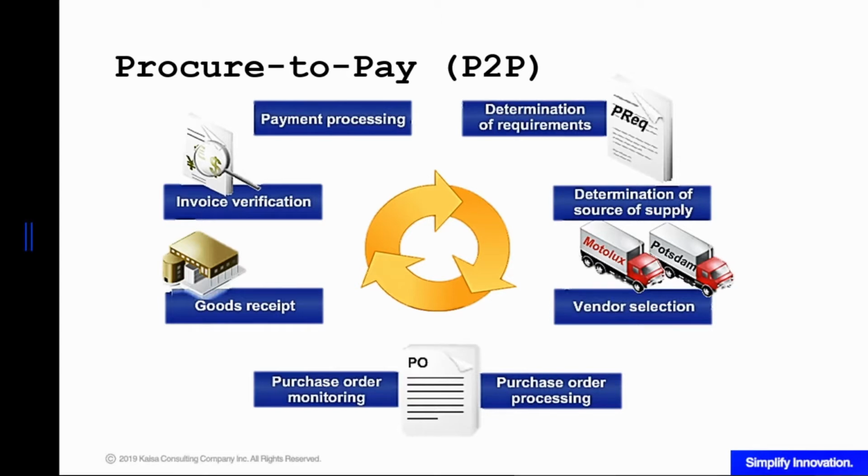And after that, the supplier will invoice us and we will do the three-way matching. This is where the PO, the GR or the delivery receipt, and the invoice are matched for verification. And after that, we can move on to the payment processing, which is the final stage of the cycle. Now, if we need to purchase another material, we can again proceed with the determination of requirements.